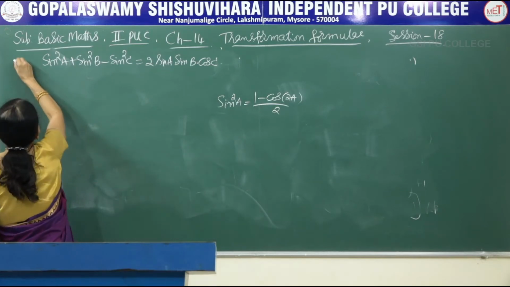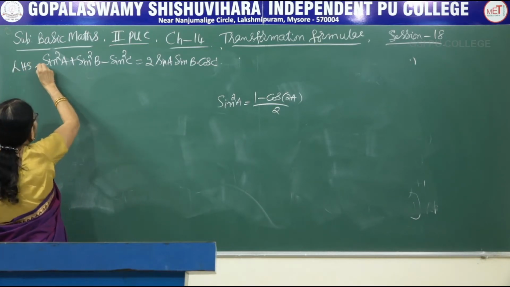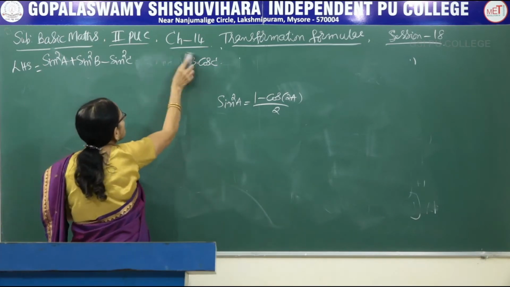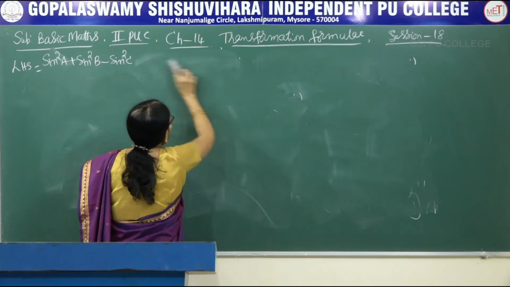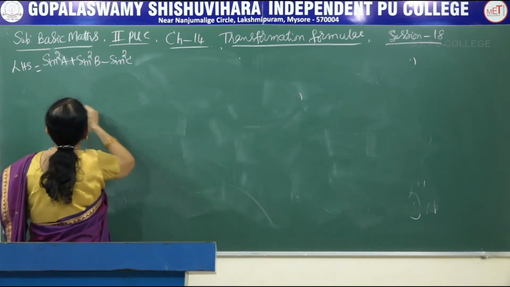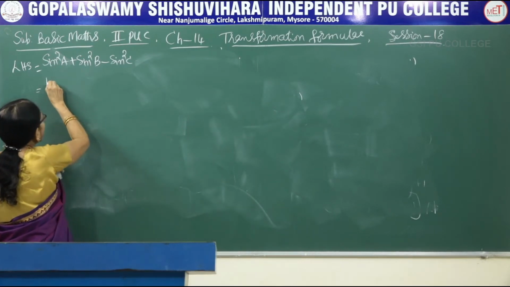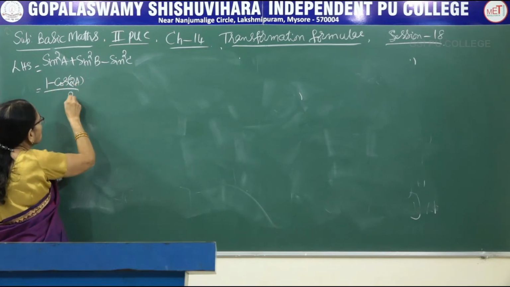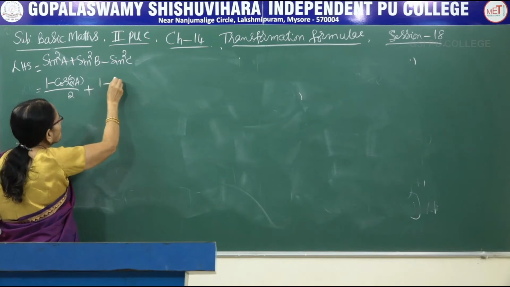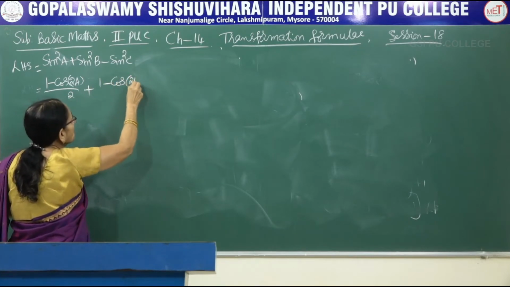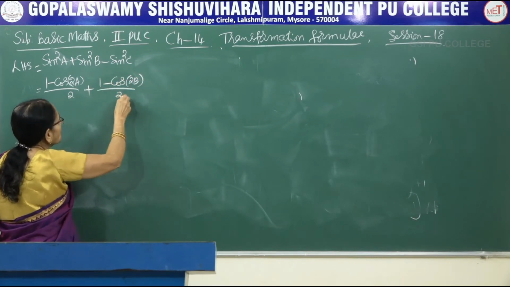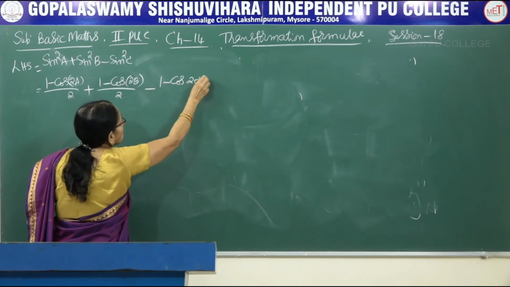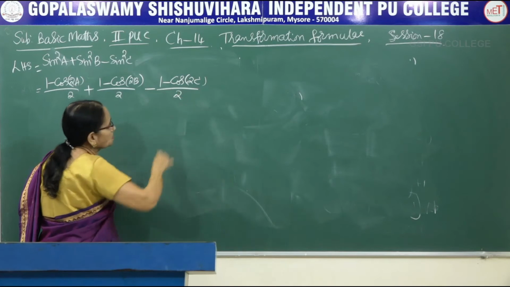So let me start with the left hand side and let me write each sin square term in terms of the multiple angle. So how do you write that one? This would be equal to 1 minus cos of 2a divided by 2 plus 1 minus cos of 2b divided by 2 minus 1 minus cos of 2c divided by 2.